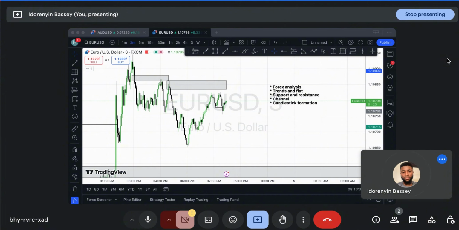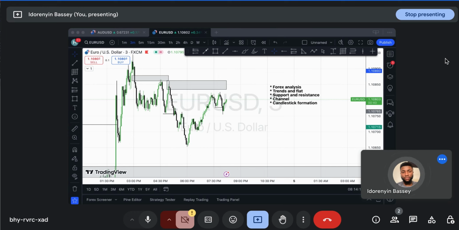So we are going to be looking at the second one, which is technical analysis. Technical analysis involves analyzing price charts and chart patterns to predict future price movement based on historical price data.